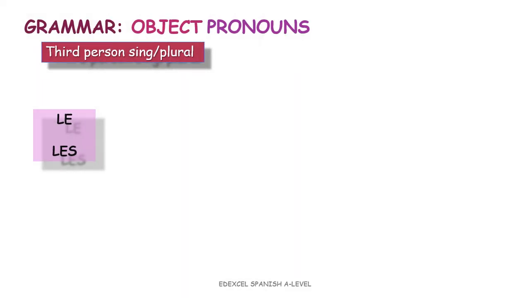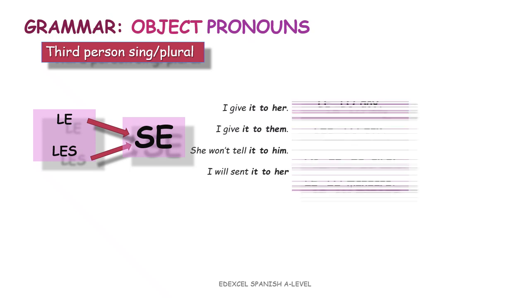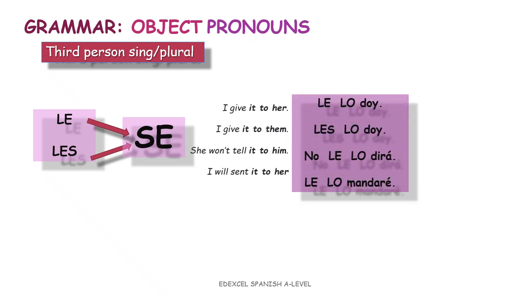But wait, there is a final twist. When you have "le" or "les" before "lo", "la", "los" or "las", it becomes "se". Let's see some examples. "I give it to her" becomes "se lo doy", or "I give it to them" becomes "se lo doy" as well. Or "she won't tell it to him", "no se lo dirá", or "I will send it to her", "se lo mandaré".